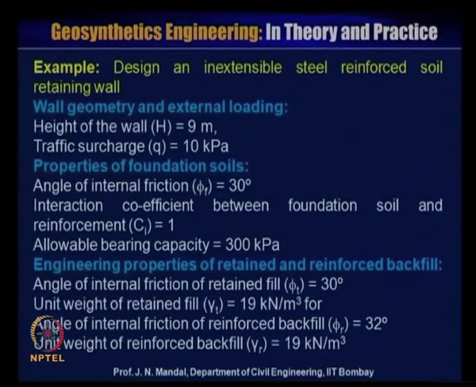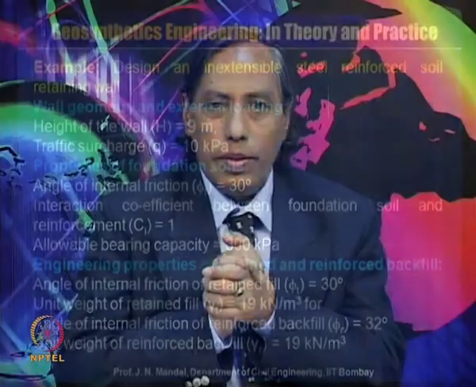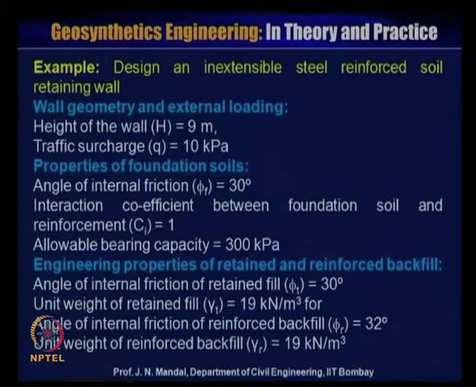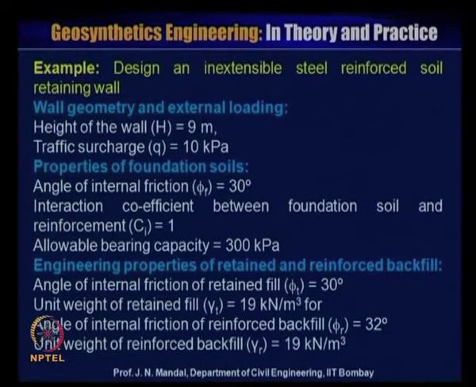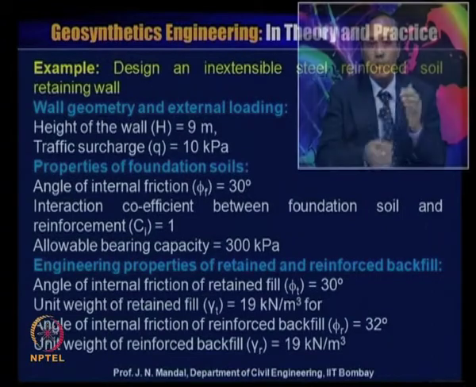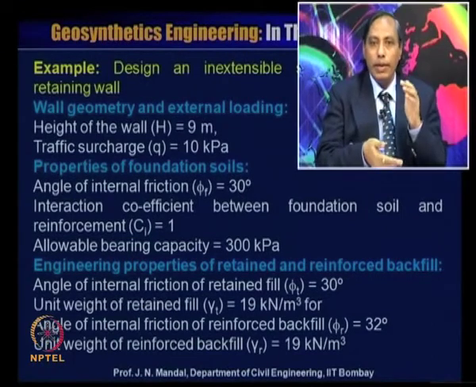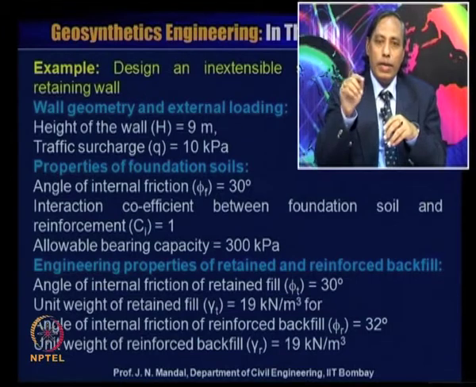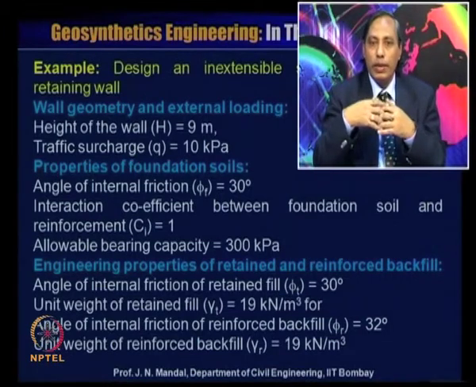I will now give you a design example of inextensible steel reinforcement for a retaining wall. So let us consider the wall geometry and the external loading. The height of the wall is 9 meters, and the traffic surcharge Q is equal to 10 kilopascal.